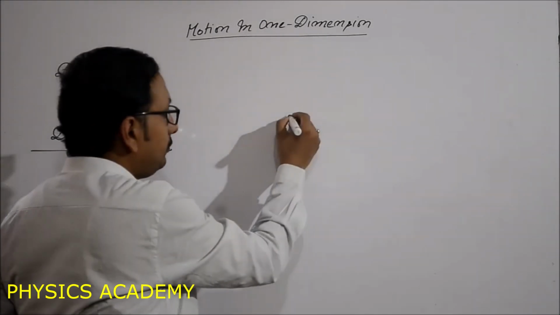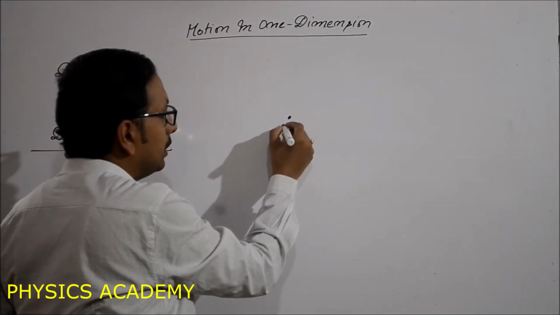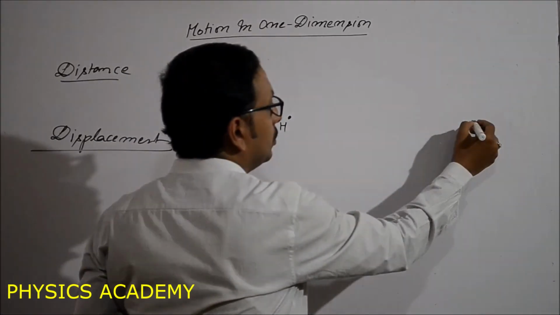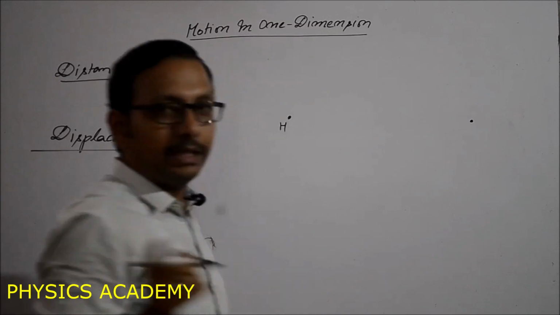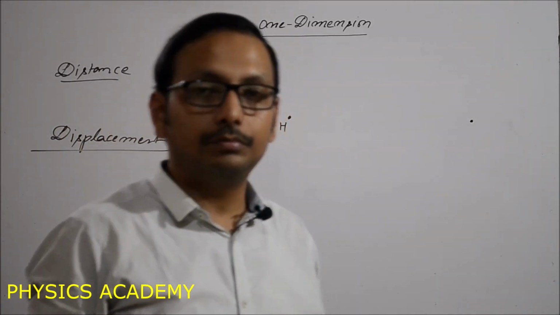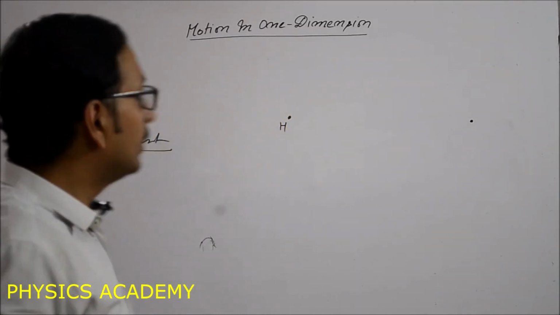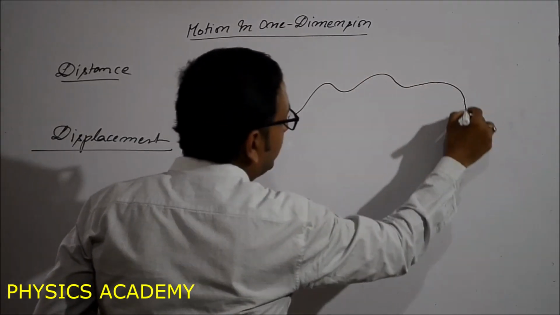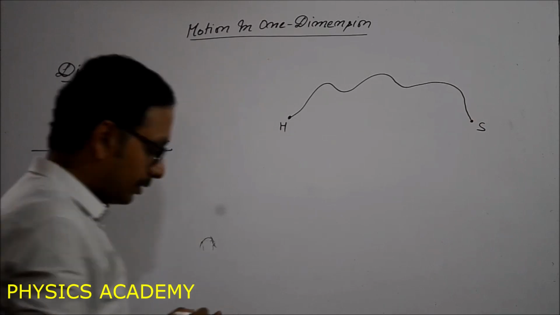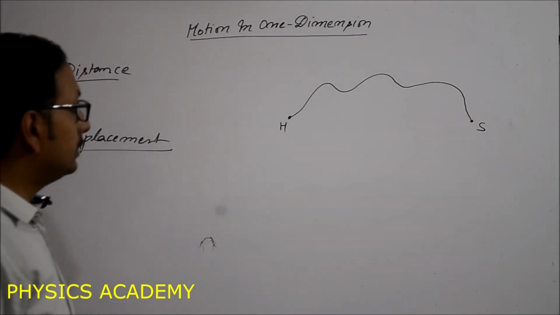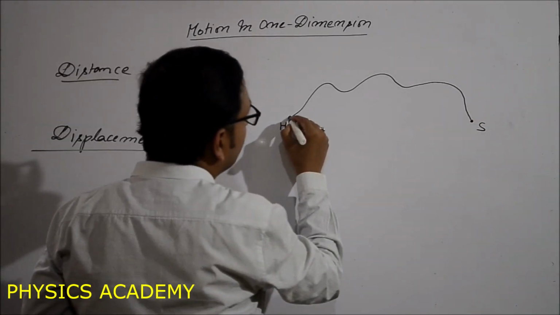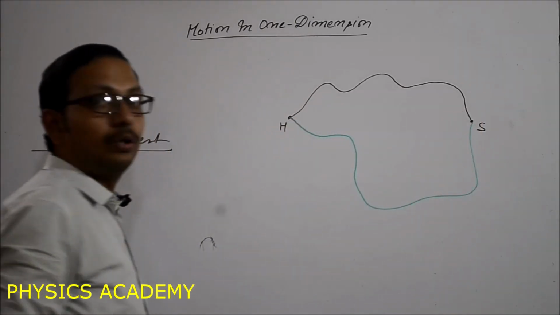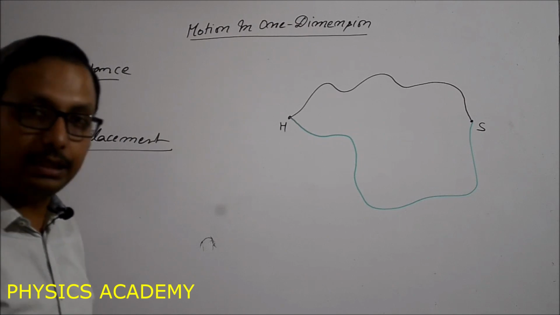Suppose you are at home, and from home to our school, two students, any of you, can take two different paths. One goes through this path and reaches school. The other person also reaches school by taking a different path.